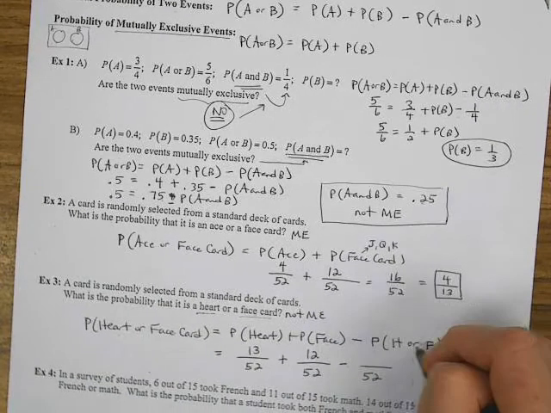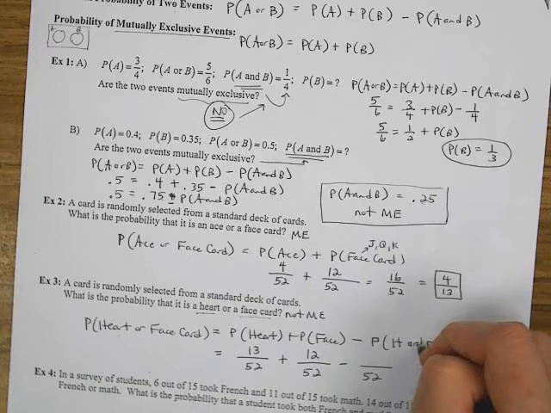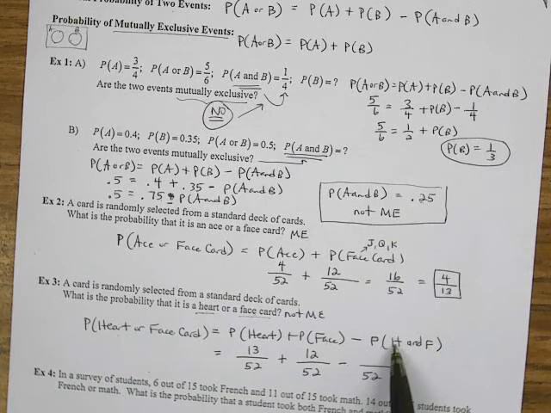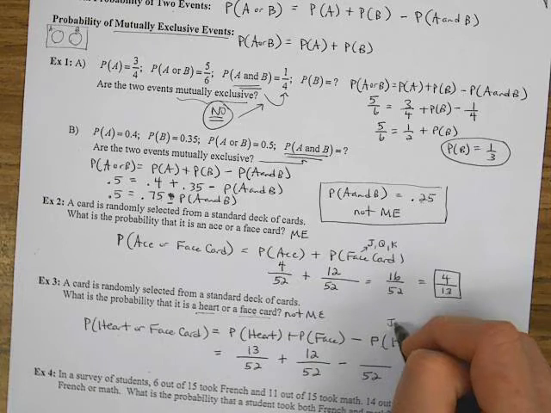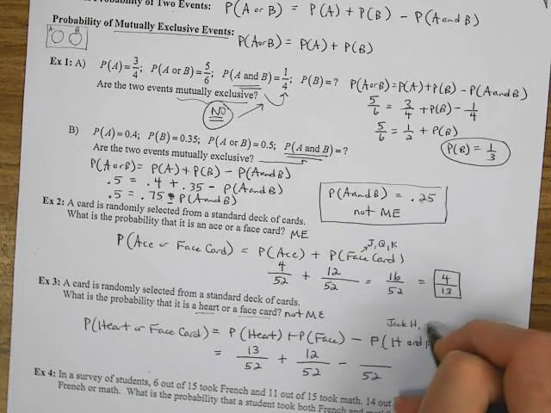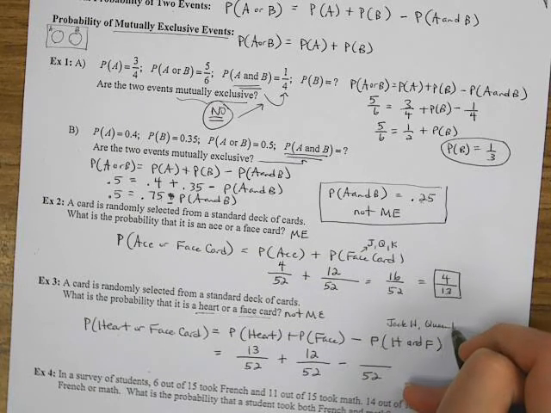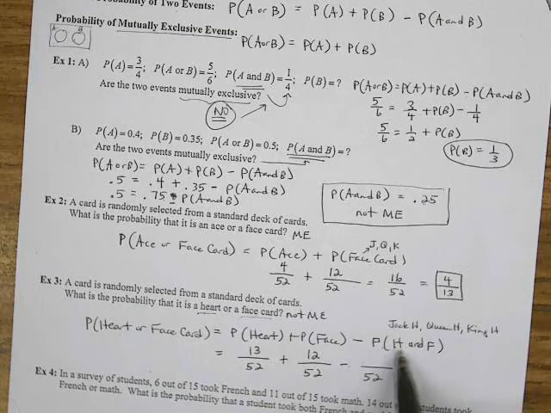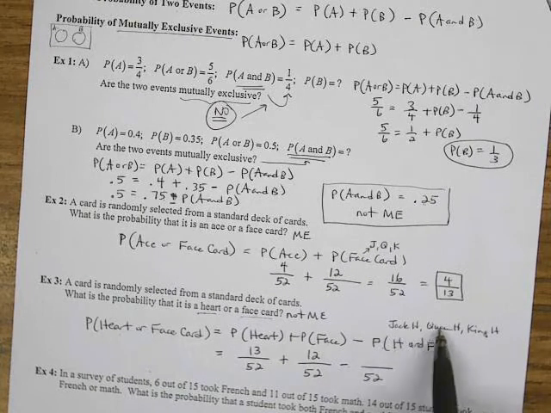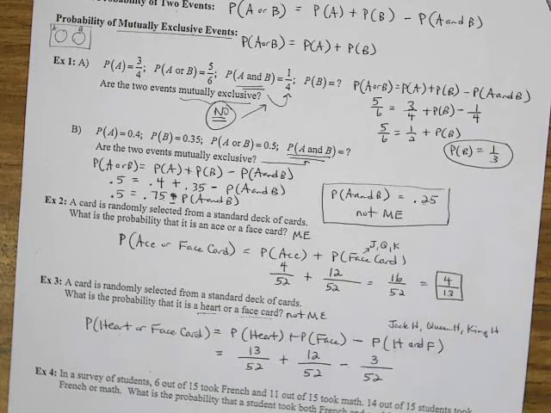Not or. What should this have been? This should have been and, right? Probability of heart and a face card, because we're talking about the intersection. Sorry about that. So how many hearts are face cards? Well, we would have the jack of hearts, the queen of hearts, and the king of hearts. Those are both a heart and a face card. So there are 3 of those that we would have counted twice.